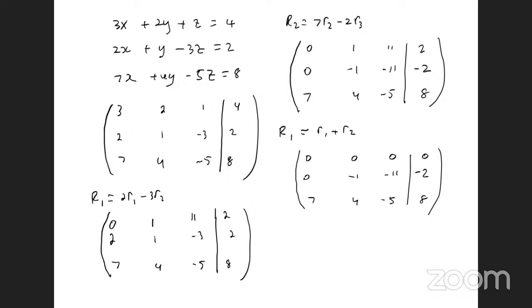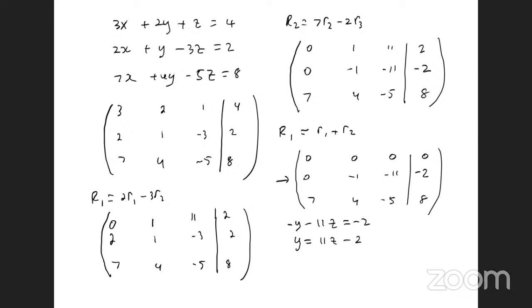So watch this. Looking at this second row, minus y minus 11z is minus 2. You see that? So it means that y is equal to 11z minus 2.